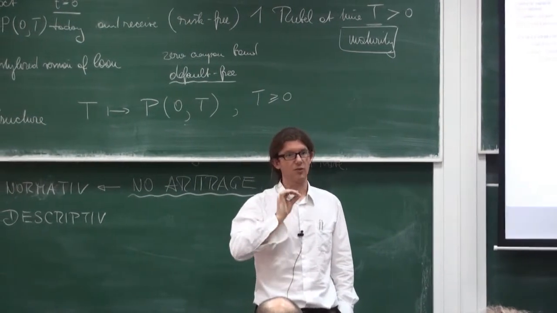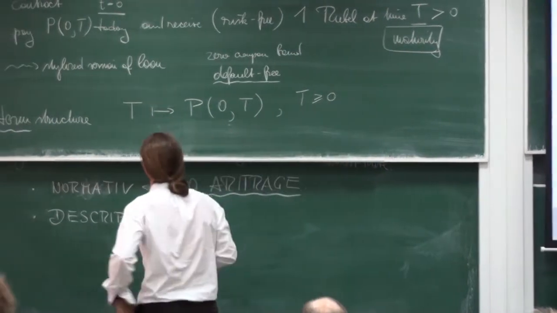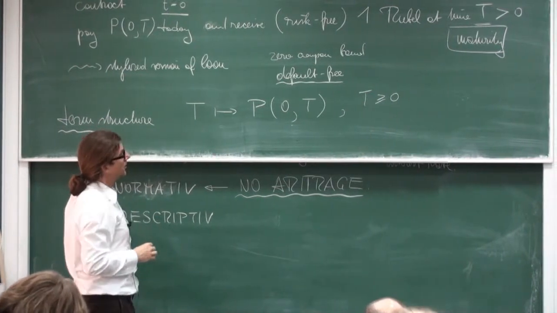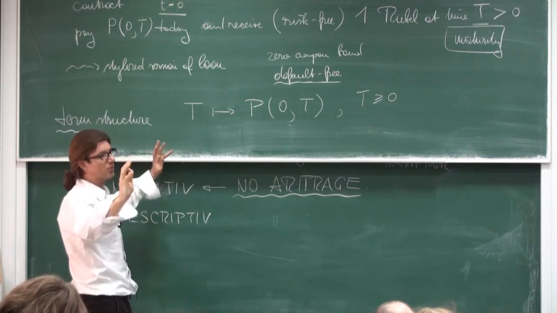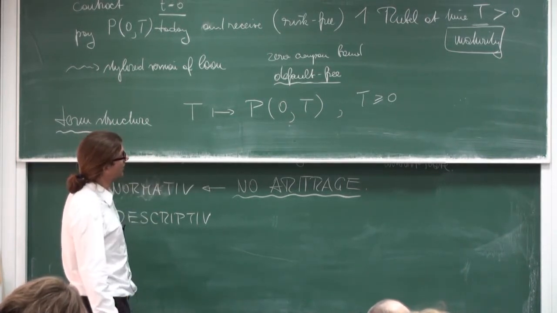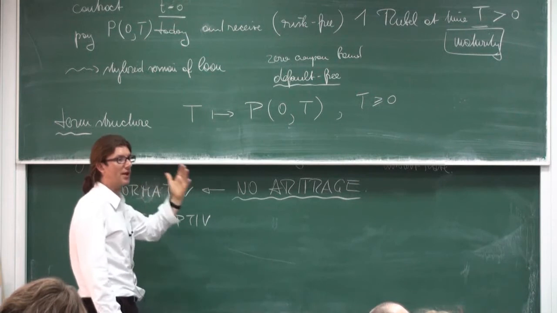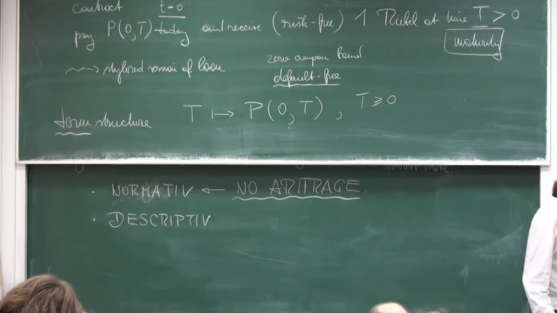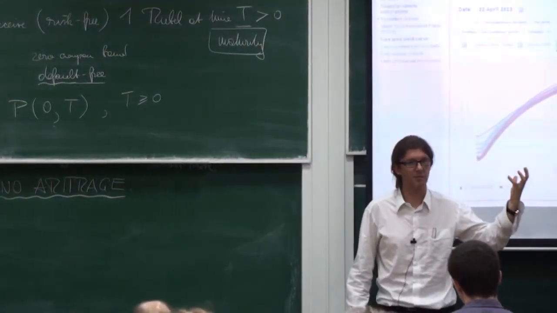I repeat it again. So when you are investing in such a market, this means you are buying, let's say, a loan 1 year, 5 year. You are selling a loan with 10 years and so on. So you build up a portfolio. And no arbitrage means it should not be possible to build a portfolio which gives you a certain gain. Why do we claim that? Because if there were many of those portfolios, a lot of people would not sit here. They would go to the market and play those portfolios.